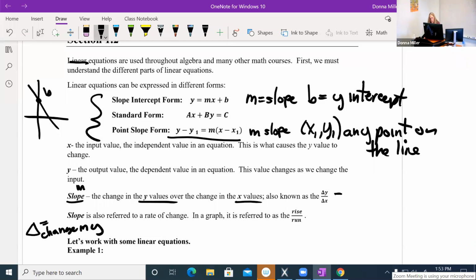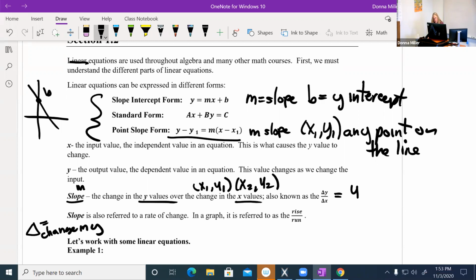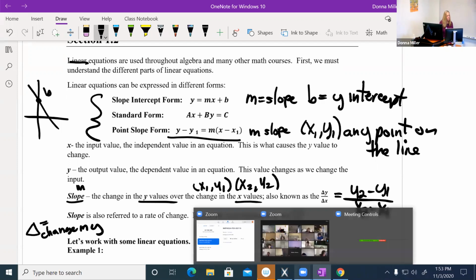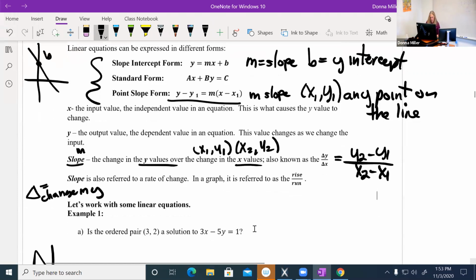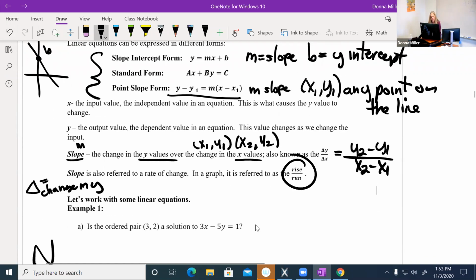So if I know 2 points on the line, x1, y1 and x2, y2, the slope is y2 minus y1 over x2 minus x1. It's a change in y over change in x. Another way to call slope, you heard it called rise over run. That's slope. It's how much you go up over how much you go over.